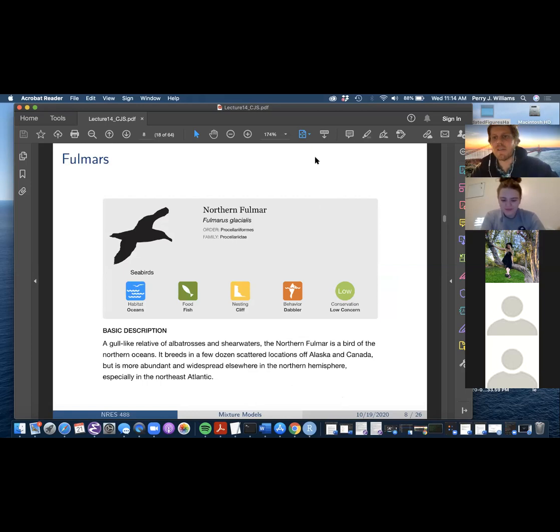Albatross and shearwaters are other long-lived birds that they have huge, long time series of data for. And they can ask some interesting questions when they have data that long. The northern fulmar is a bird of the northern oceans. It breeds in a few dozen scattered locations off Alaska and Canada, but is more abundant and widespread elsewhere in the northern hemisphere, especially in the northeast Atlantic.